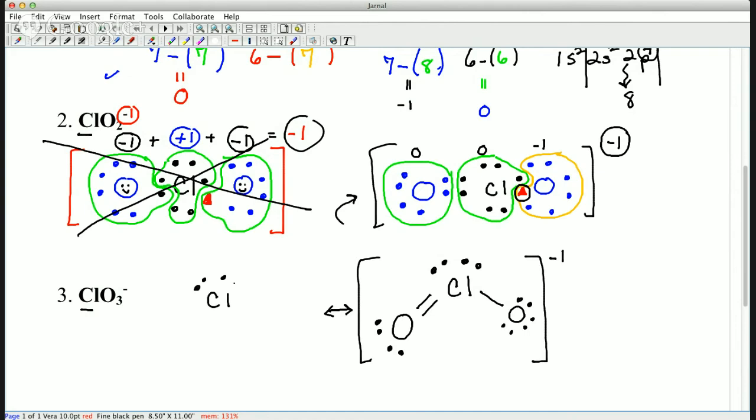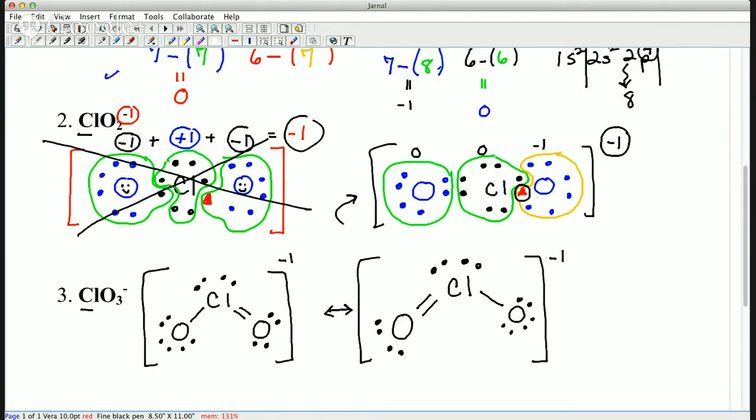So lone pair is on top, double bond, but be careful. If the double bond is on this side, you're going to have only 2 lone pairs of electrons to make that happen. Single bond for this O on this side, that would mean you have 3 lone pairs. And we would draw brackets to show the entire thing is -1. Obviously, it cannot be polar or nonpolar.